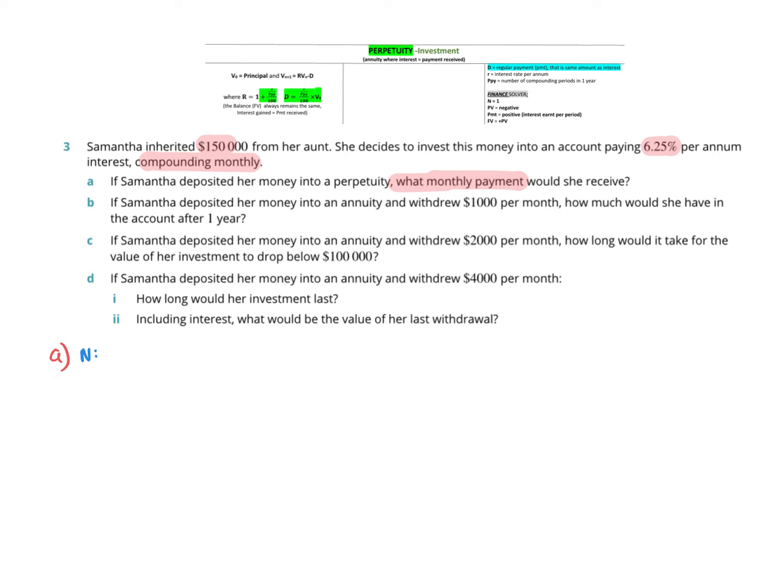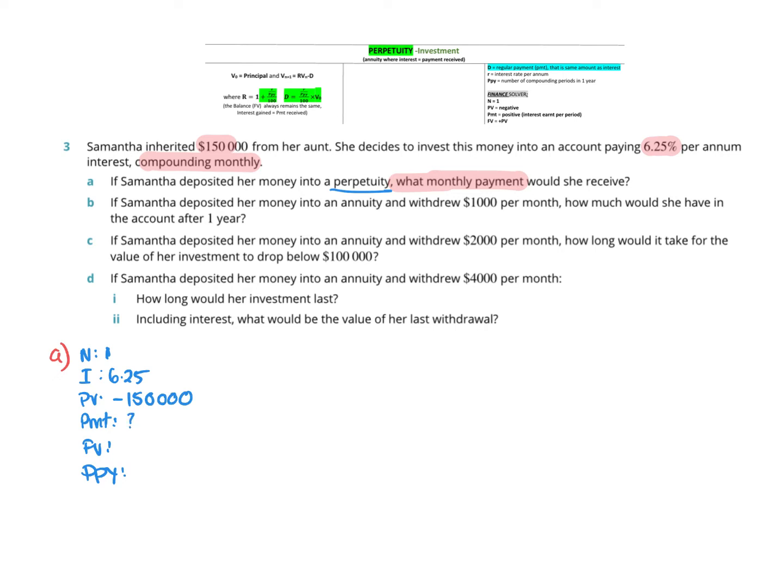when we're doing the payment, we can use Finance Solver. So it is a perpetuity. So we'll pop in all the things that we've got to pop in. With the perpetuity, we can write N as one payment, and we've got the 6.25, and she inherited, so she's investing, so it's a negative 150,000.